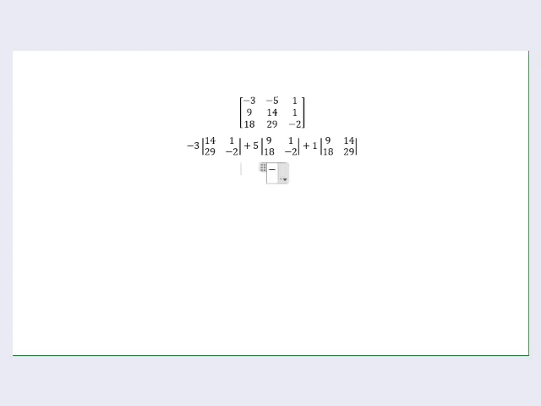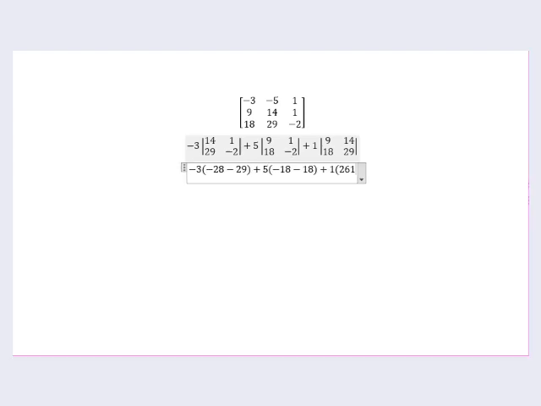So that becomes minus 3 multiplied by 14 into minus 2, which is minus 28, minus 29, plus 5 into 9 into minus 2 is minus 18, minus 18, plus 1 into 9 into 29. So 9 into 29 means 29 tens are 290 minus 29 is 261, minus 18 into 14, so 18 tens are 180, 18 fours are 72, so 252.